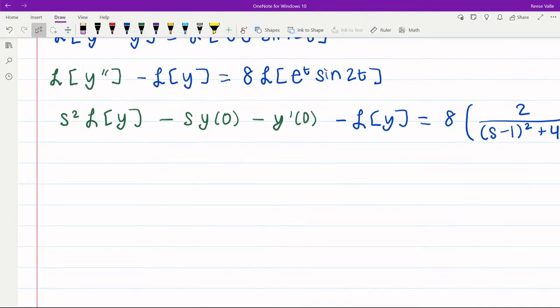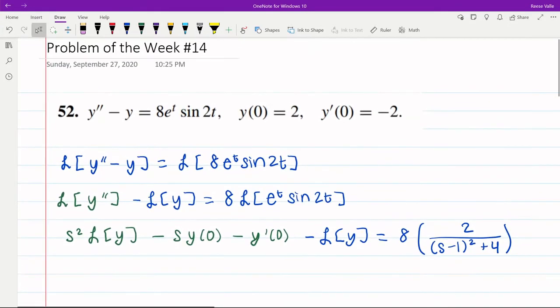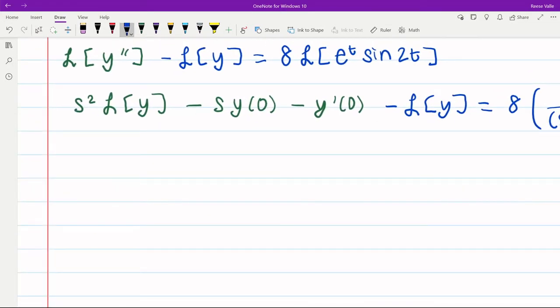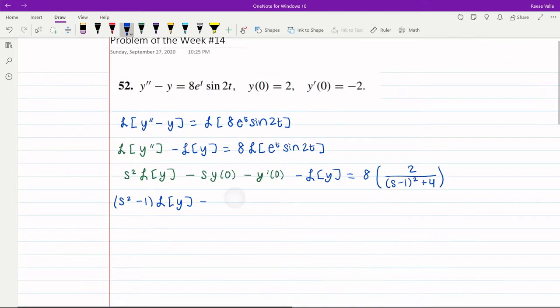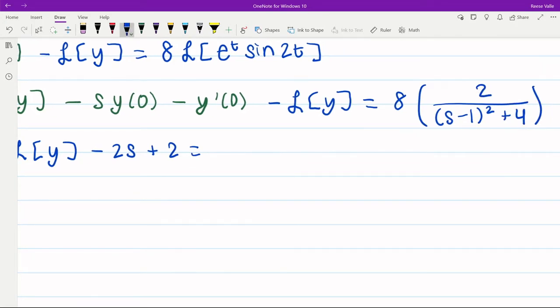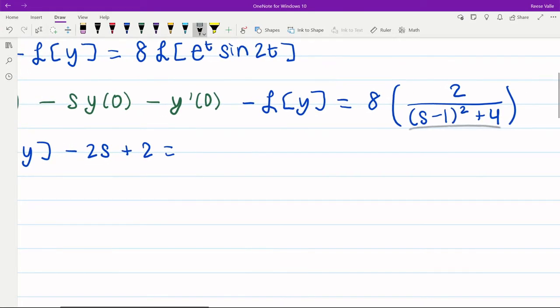And then we know that the initials are up there, and we're just going to plug those in, and then combine like terms of the Laplace of y. So s squared minus 1 Laplace of y, minus 2s, and then this is plus 2, equals... we're going to multiply out at the bottom just for now, because it's easier.